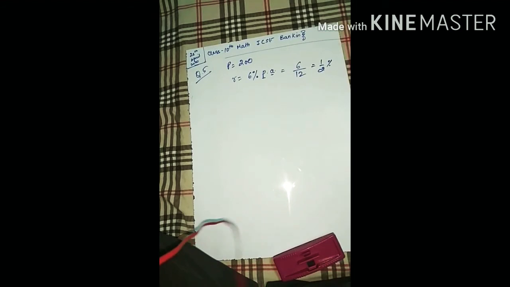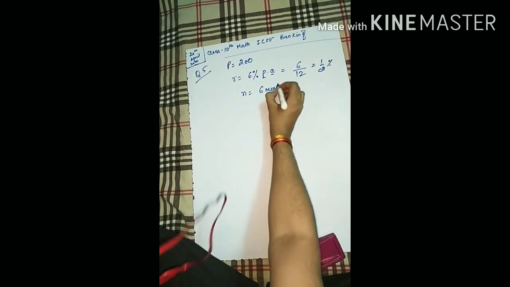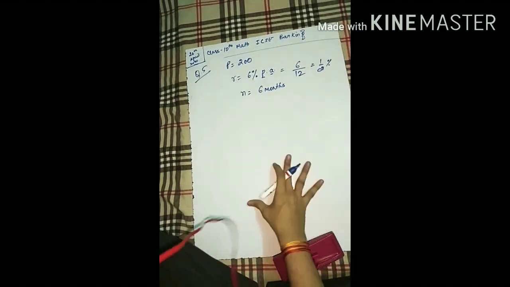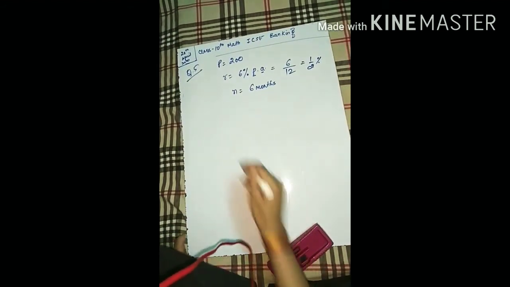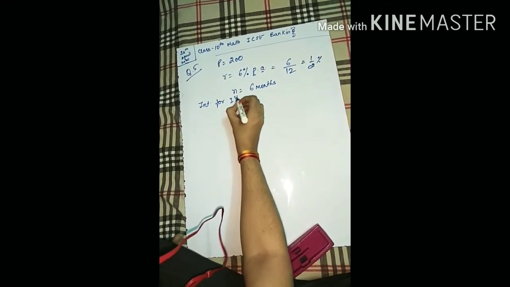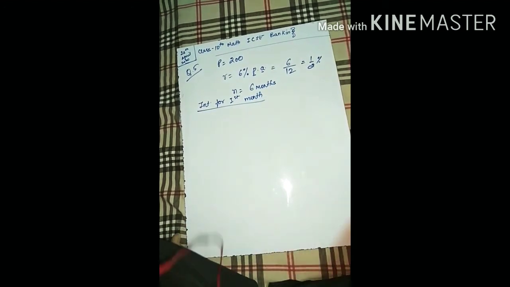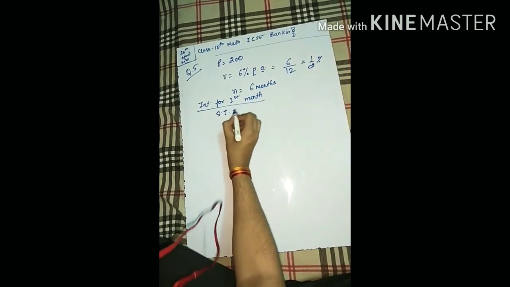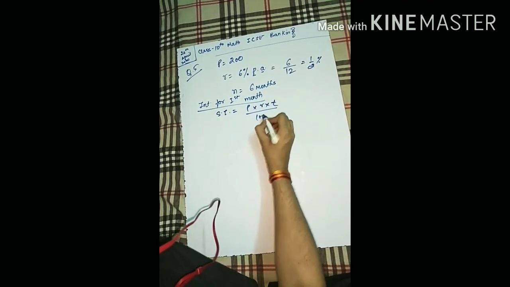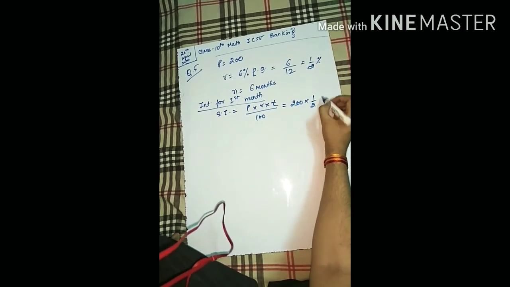Okay. And what is the time? 6 months. All right, so let us calculate the interest for the first month. What is the simple interest formula? P into R into T by 100. What is the principal? 200. What is the rate? Half.